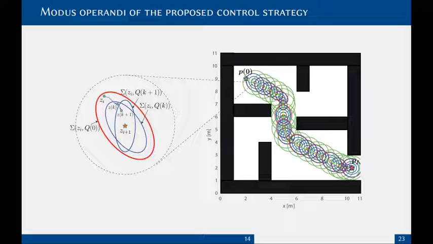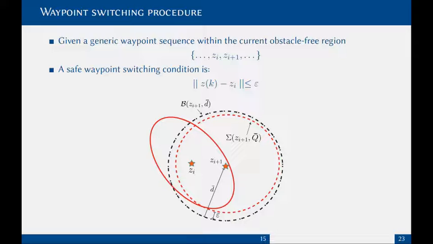Furthermore, the viability conditions, previously assumed, ensure the existence of a control law that drives the system trajectory from a waypoint to the next one toward the target. A waypoint switching procedure is performed under the requirement that robot constraint satisfaction and recursive feasibility property are preserved.